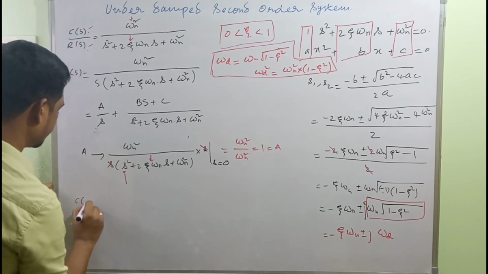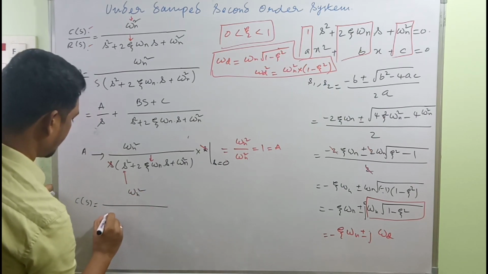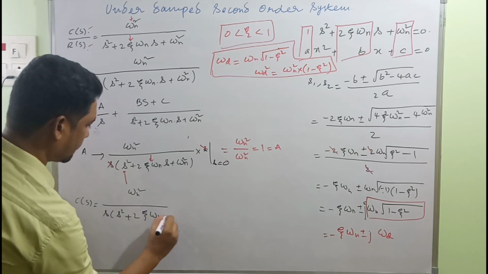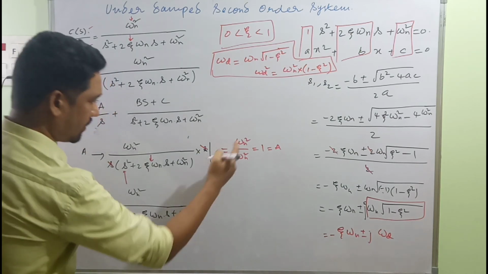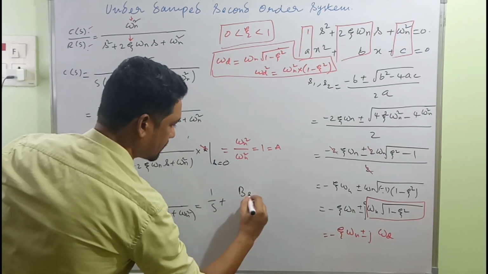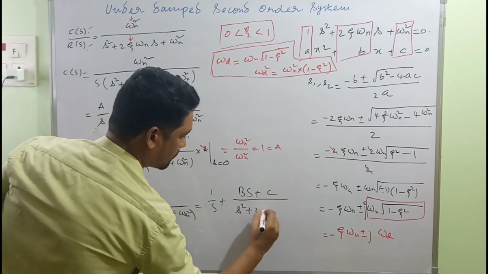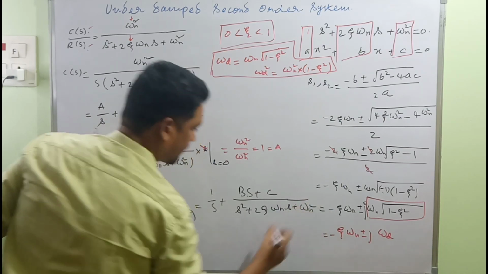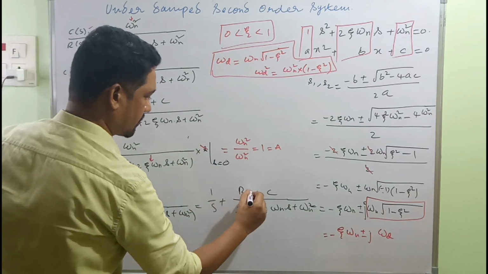Our C of s, which is equal to omega n square by s into s square plus 2 zeta omega n into s plus omega n square, we have evaluated A, so that will be straight away 1 upon s plus Bs plus C by s square plus 2 zeta omega n into s plus omega n square. Now this will help us to evaluate the values of B and C in a single shot.